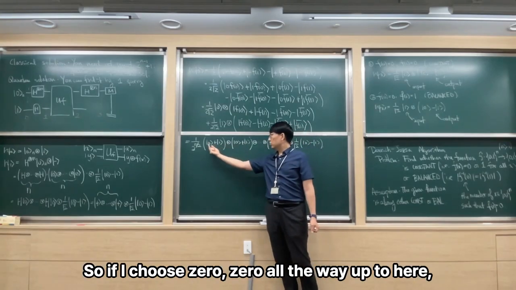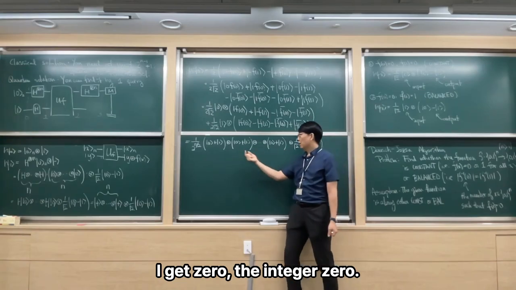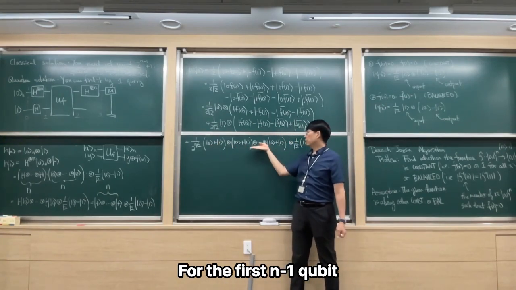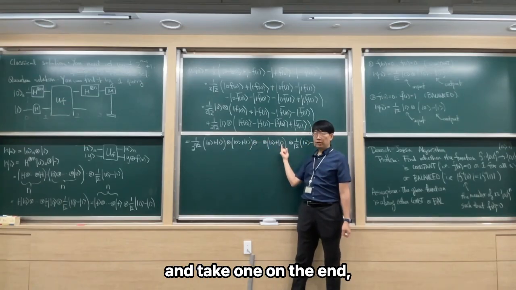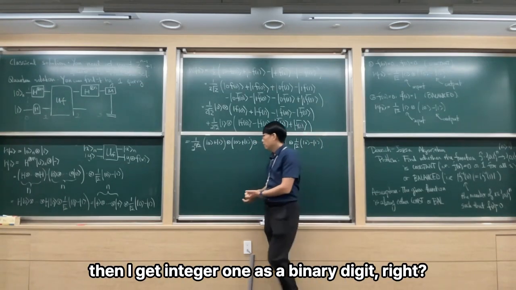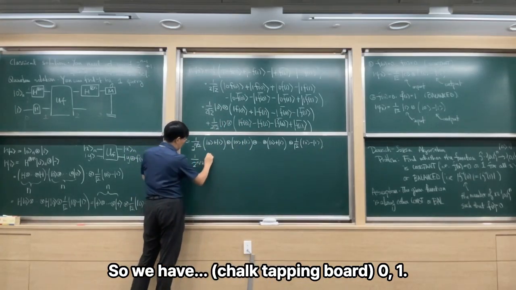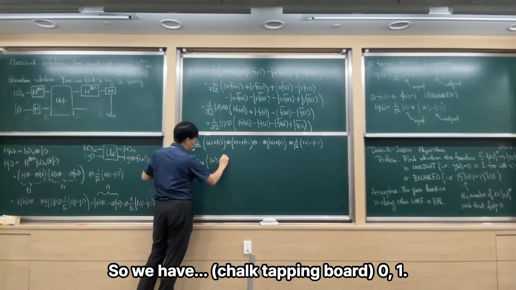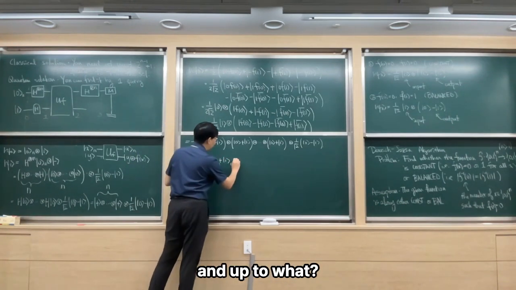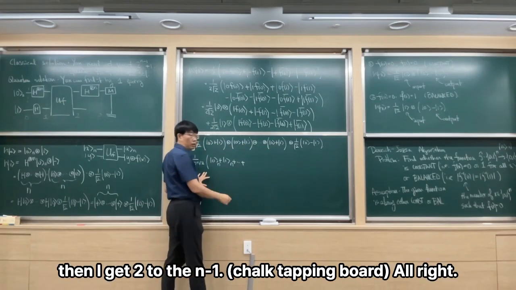If I choose 0, 0 all the way up to here, I get the integer 0. If I get 0, 0 for the first n minus 1 qubits and take 1 on the end, then I get integer 1 as a binary digit, right? So we have 0, 1. So these are n-qubit states, and up to what? If I choose 1 for every qubit, then I get 2 to the n minus 1.